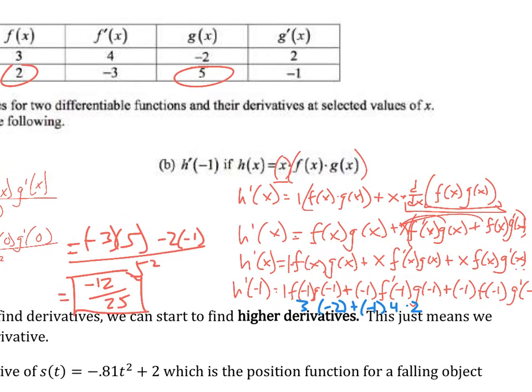And then we have negative 1 that was already in there. f of negative 1 again is 3. g prime of negative 1 is 2. Now I think I skipped this one here. This was g. This is supposed to be negative 2 here.